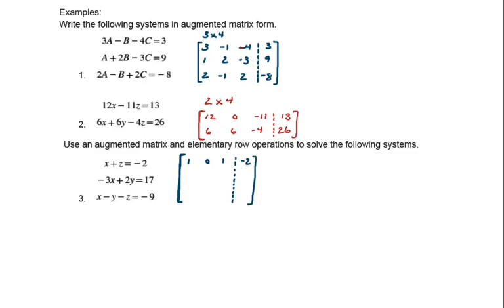Again, there's a 0 there because it's a placeholder for my y variable. My second row should be negative 3, 2, 0, 17. The 0 in that second row represents the z variable that is not present in the equation. And then my third row should be 1, negative 1, negative 1, negative 9. So this is the augmented matrix for that system of equations.